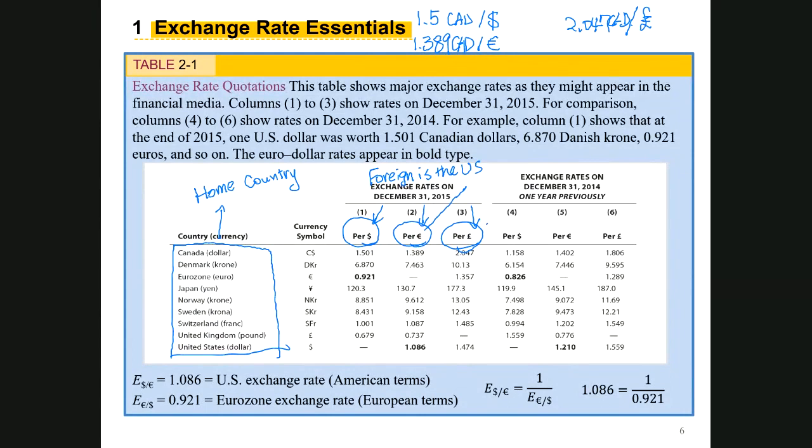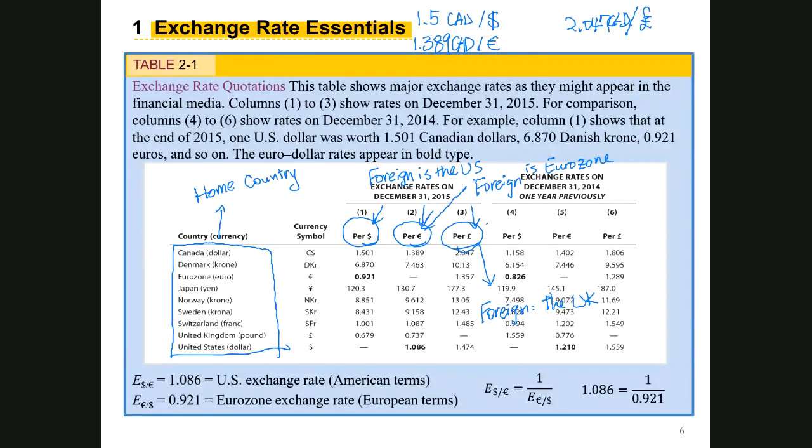If you're using the euro, that means the foreign country is Europe or Eurozone. If you're using pounds, that means the foreign country you are looking at is the UK. One more thing.